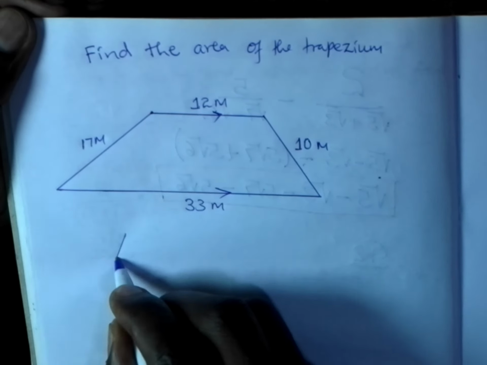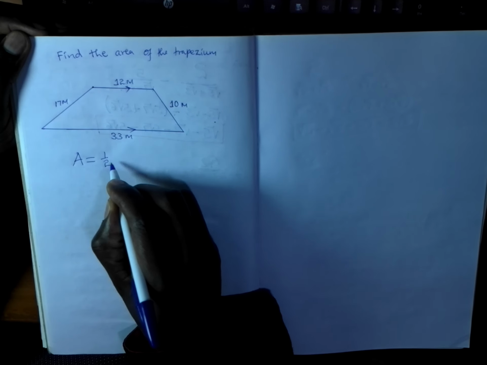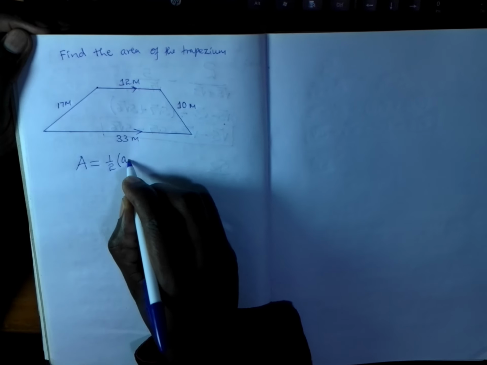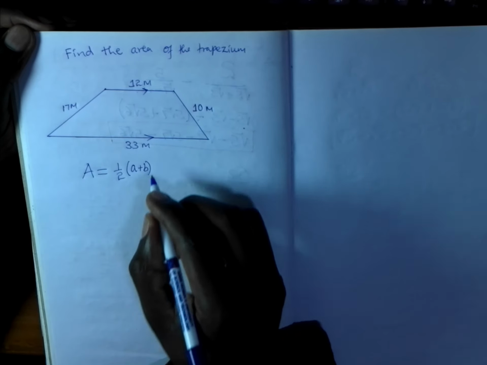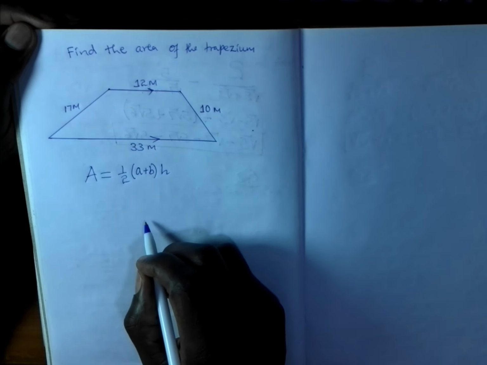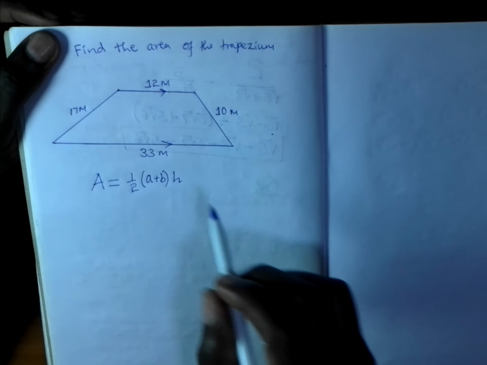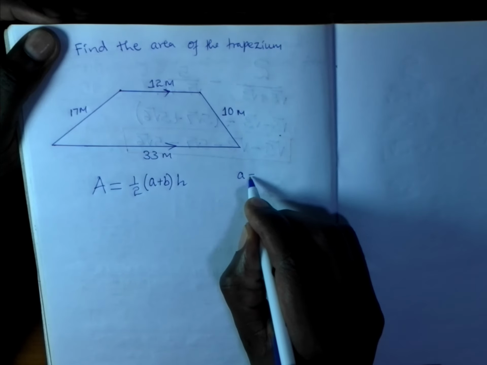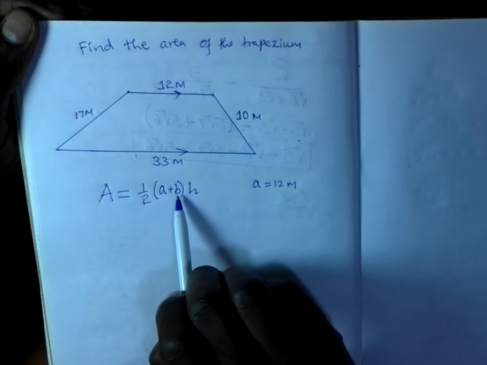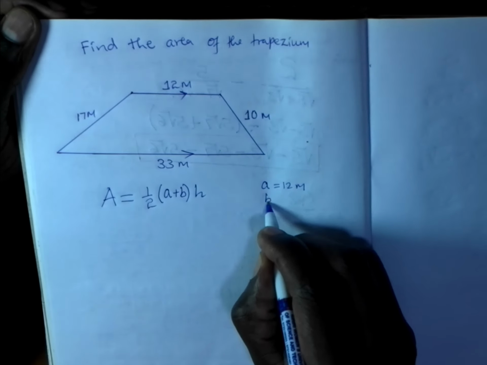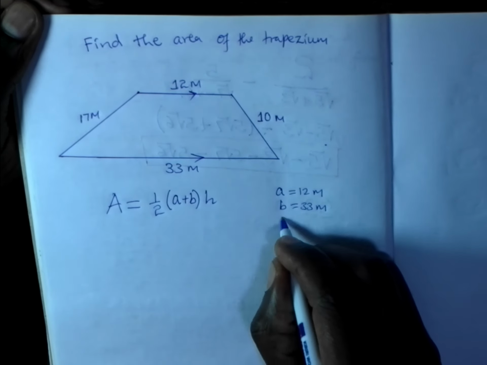We know the formula for finding the area of a trapezium is given by a half the sum of the parallel sides multiplied by the perpendicular height. So in our case here, we already have A, which is 12 meters, and also B, which is 33 meters, but we don't have the height.